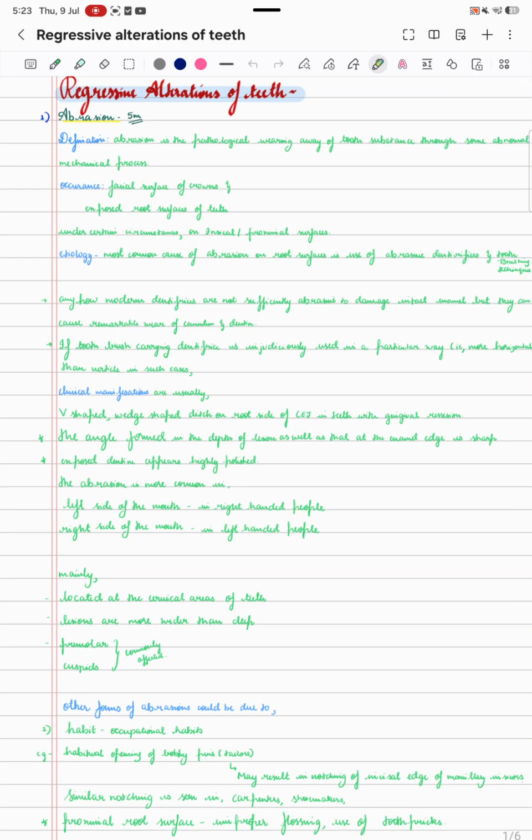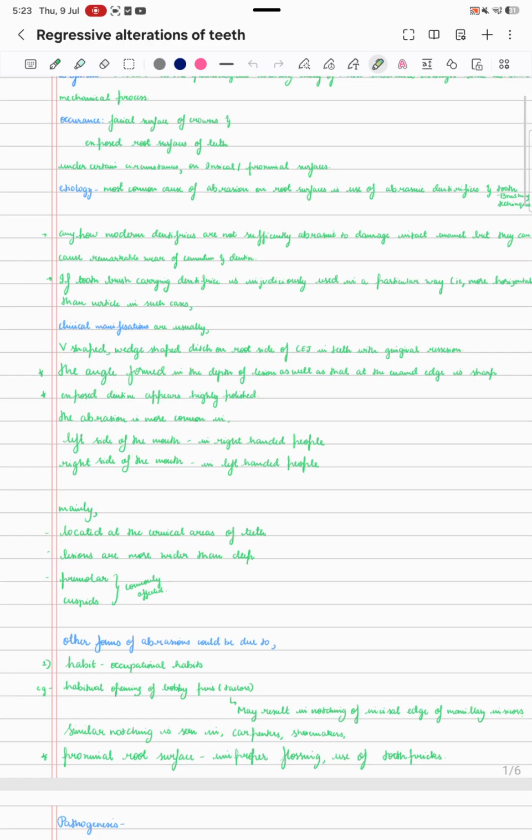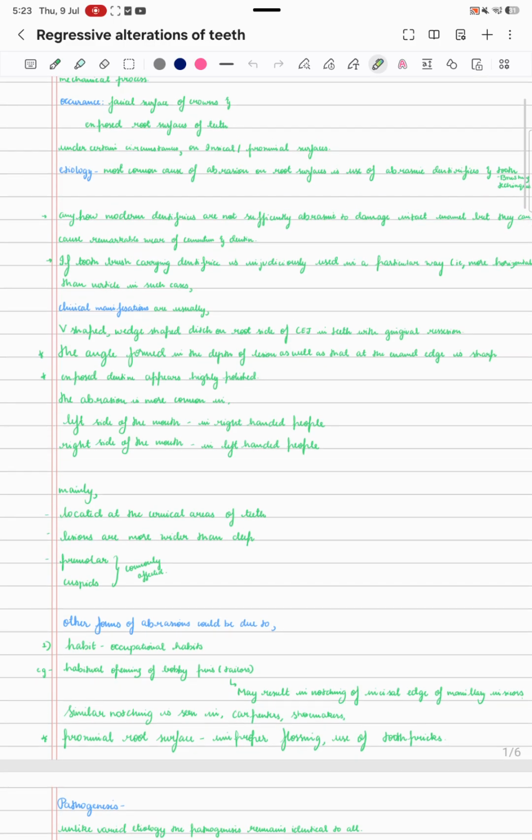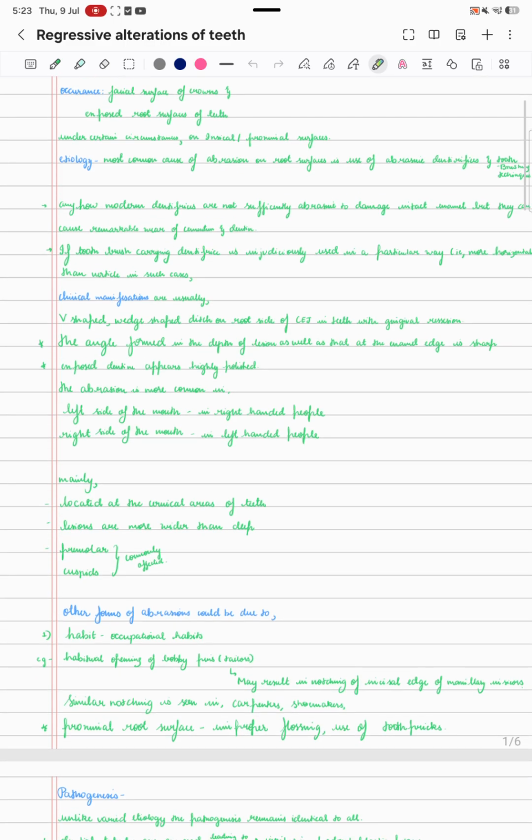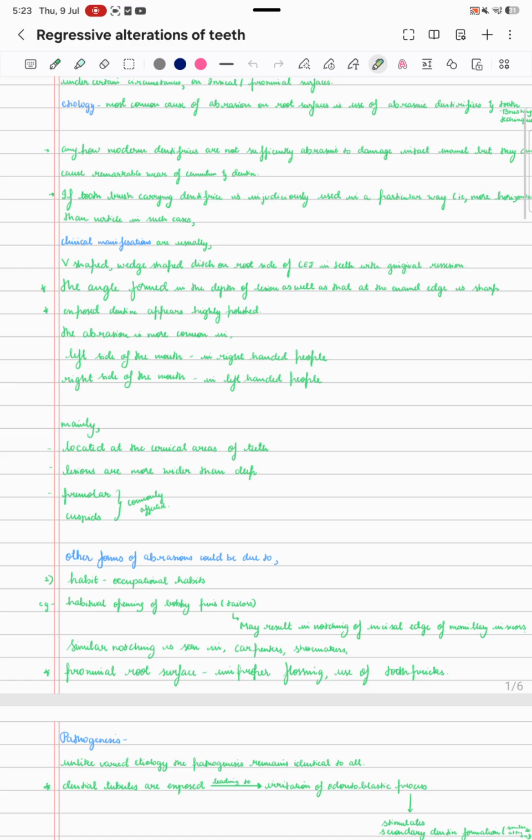Anyhow, modern dentifrices are not sufficiently abrasive to damage intact enamel, but they can cause remarkable wear in the cementum and dentin.